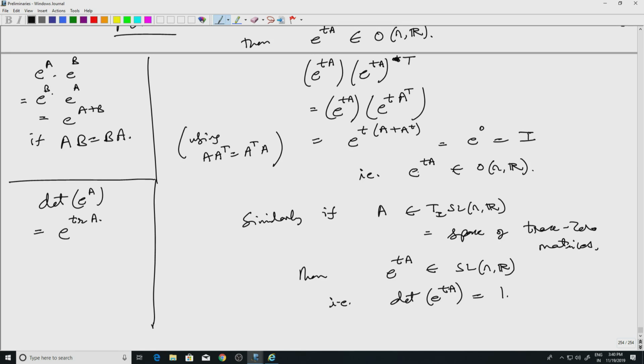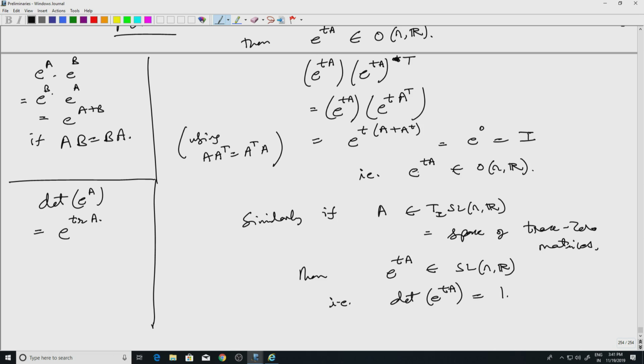Now, seeing this is not purely a power series thing. There are several ways of seeing this, and one is to use the fact that this equation is obvious if A is a diagonal matrix, then generalize it to diagonalizable matrices, and then prove it for all matrices by using density of diagonalizable matrices in all matrices. So one can do that.